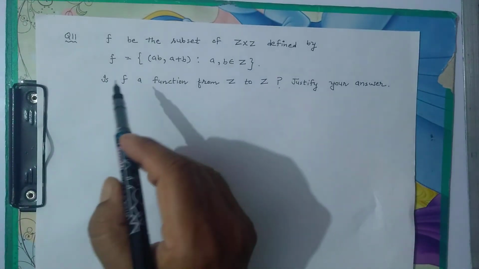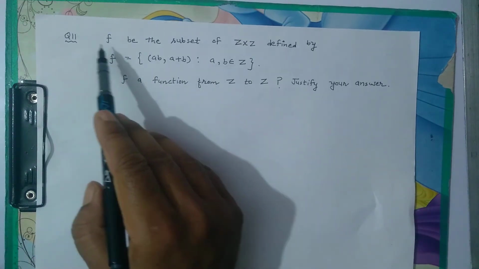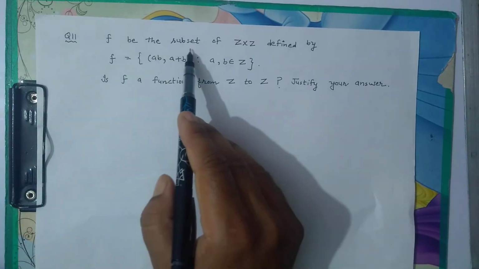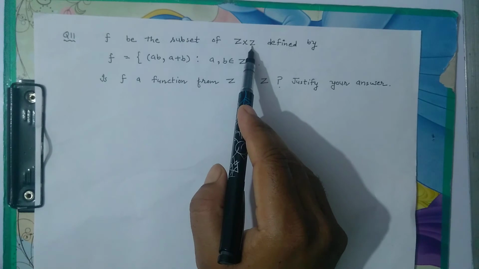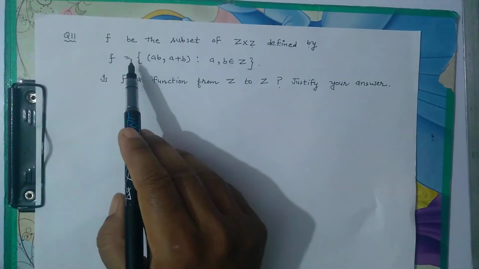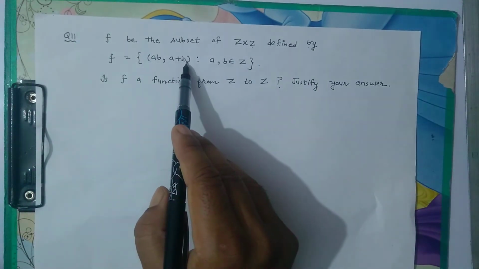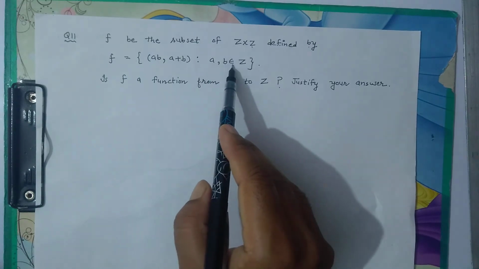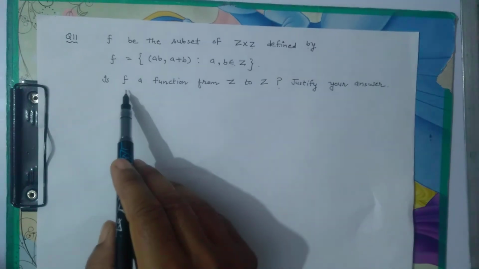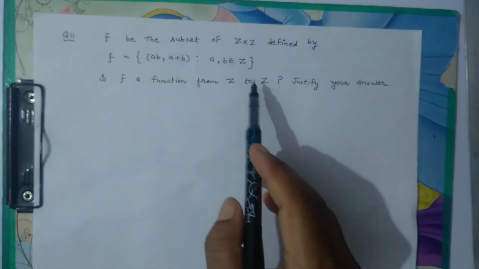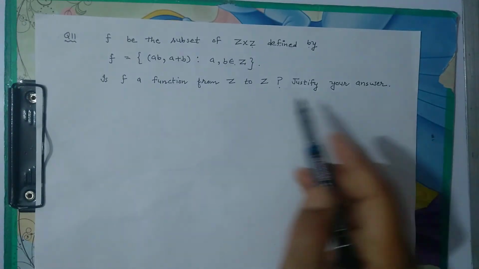Now coming to the next question, question number 11. F is a subset of Z × Z defined by F = {(ab, a + b)}, where a, b belong to Z. Is F a function from Z to Z? Justify your answer.